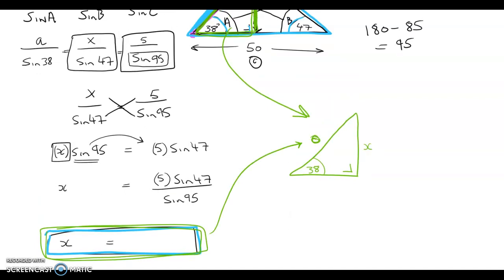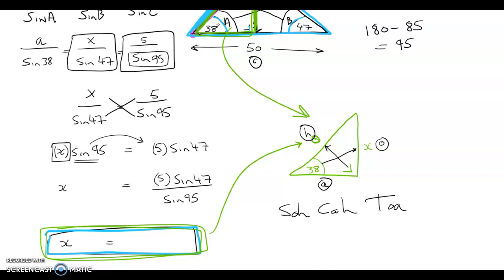If it's a right angle triangle, we're going to use SOHCAHTOA, not the sine rule or the cosine rule. You start off by labeling the sides. There's your angle, so that's your opposite. That's your right angle, so that's your hypotenuse. And there's your adjacent. Write down the trigonometric ratios, SOHCAHTOA, and pick which one to use.